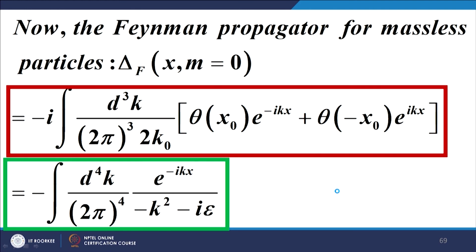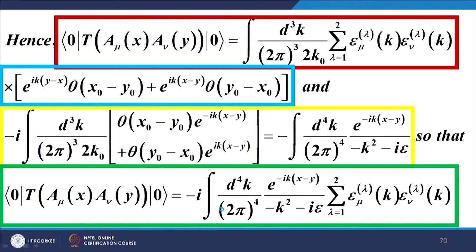The Feynman propagator for the massless particles has the expression which is given here for y equal to 0 and a given x. It is given by the expression in the green box right at the bottom of the slide. So, we now have two expressions connecting the time ordered product and the Feynman propagator. Both of them are here on the slide.